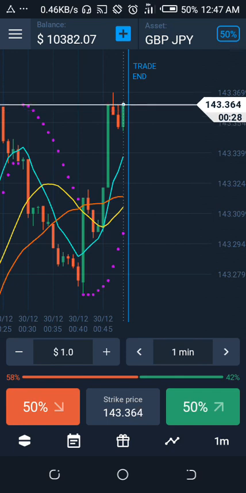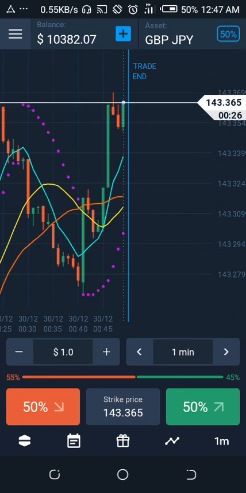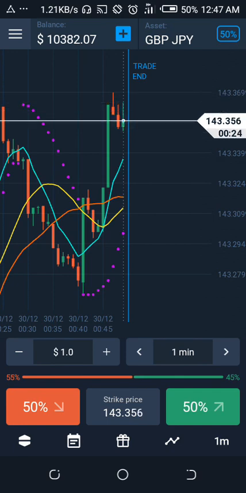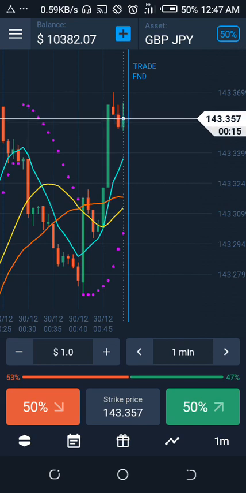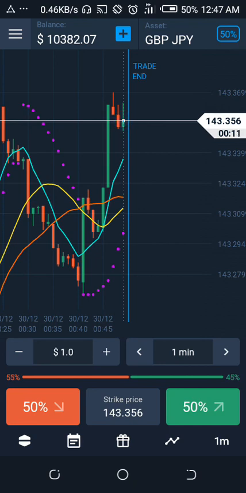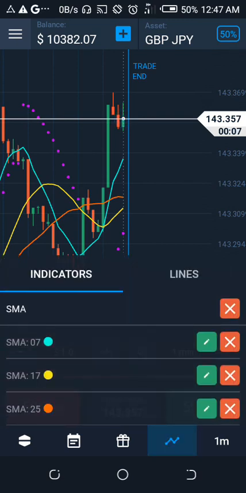Don't forget to apply money management rules. It's very, very important. Before you start to execute any trade, you have to make sure that you check everything. Starting from your SMA, make sure it's set to 7, 17, 25 before you start a trade.